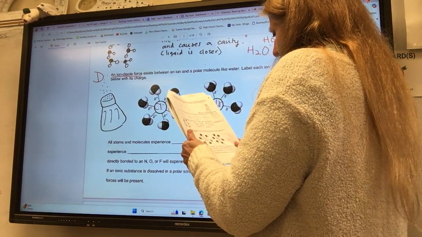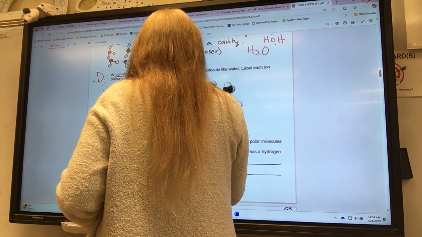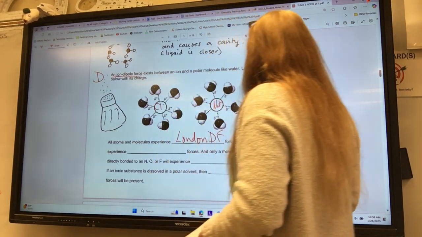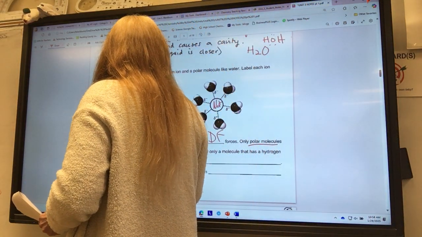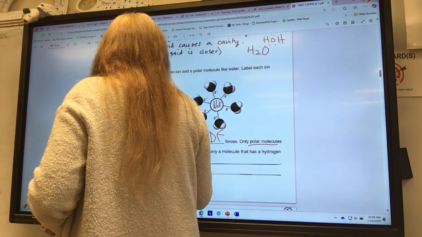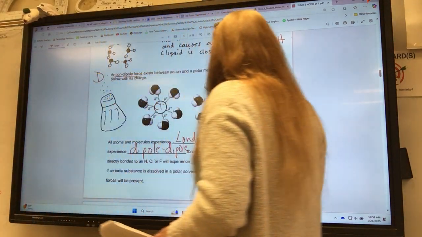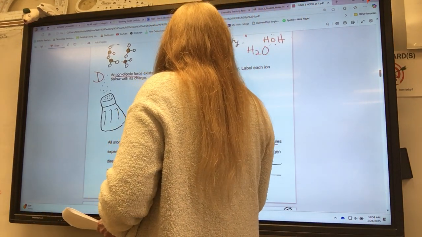So all atoms and molecules have London dispersion forces. Only polar have dipole-dipole. Okay, only a molecule that has hydrogen bonded to FON will do hydrogen bonding.